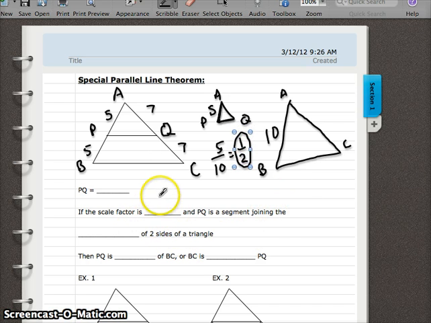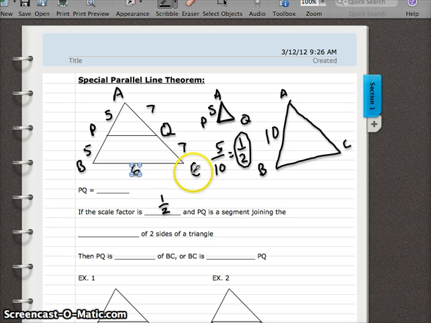If the scale factor is 1/2, this is a special relationship, then there's some shortcuts we can take. We actually don't have to break these triangles up. We don't have to compare proportions. There is a really quick shortcut we can take here. Let's say that we knew that BC was 6.